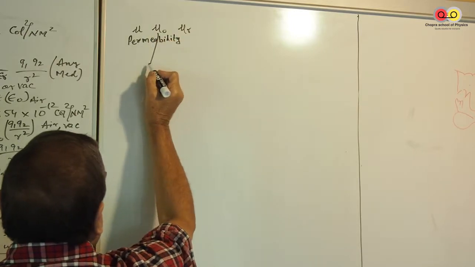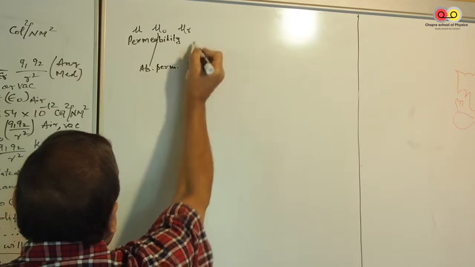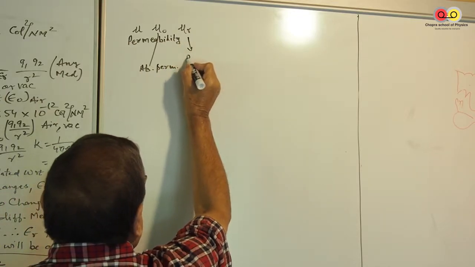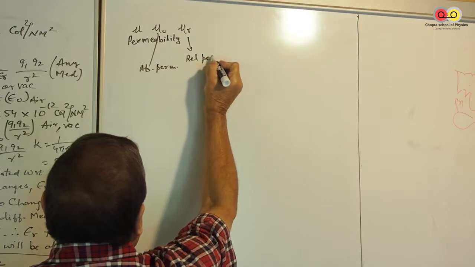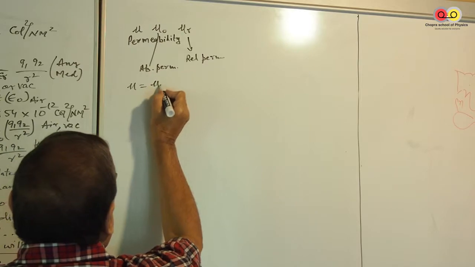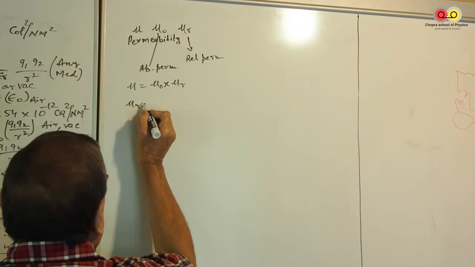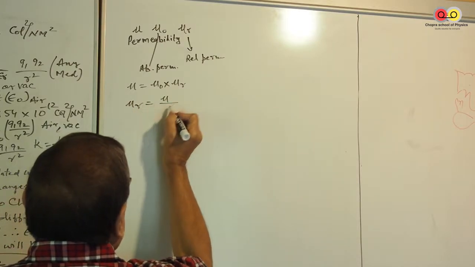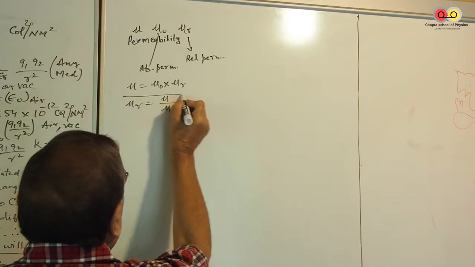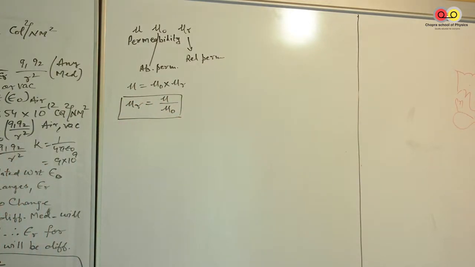The second one, absolute permeability. And the third one, the relative permeability. And mu is equal to mu naught multiplied by mu r, and mu r is mu divided by mu naught. So wherever we have to estimate relative permeability, it should be the ratio of permeability and absolute permeability.